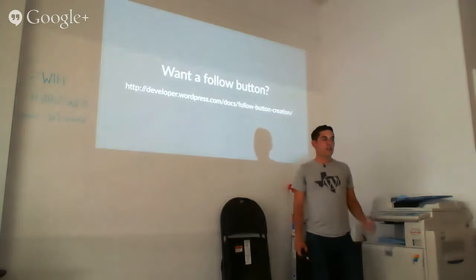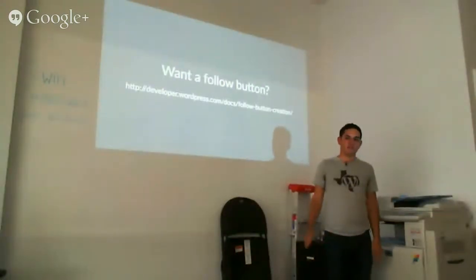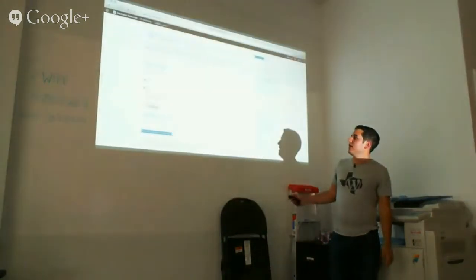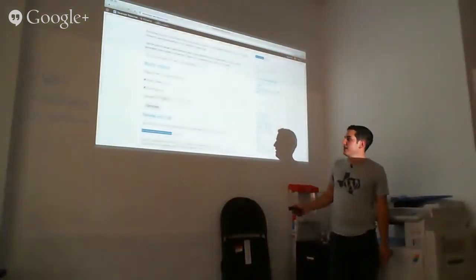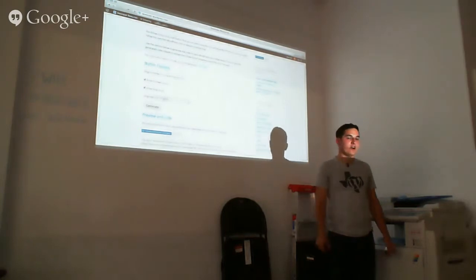If you just want a follow button, so like a button for users to follow your blog, either because you want to include that somewhere else or within your blog itself, you can go here and create your own. It'll give you a nice little interface for creating it, and then the button will look like this, and you'll just have a quick 3 lines of code that you can copy to your site as well.